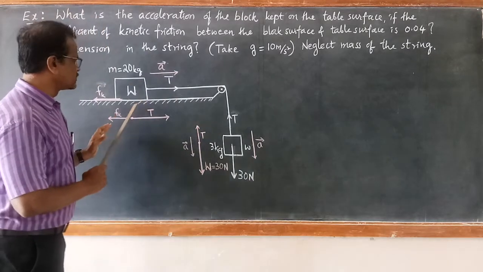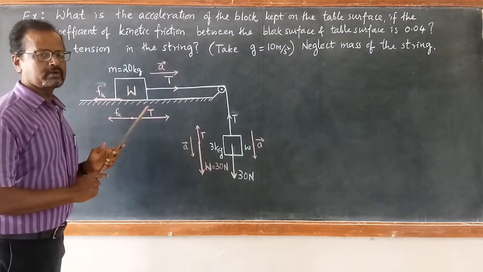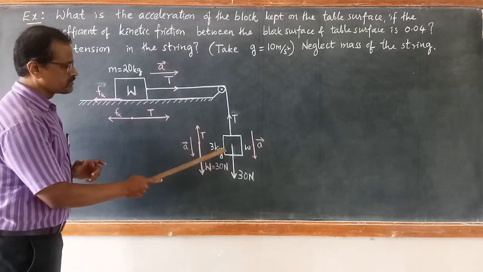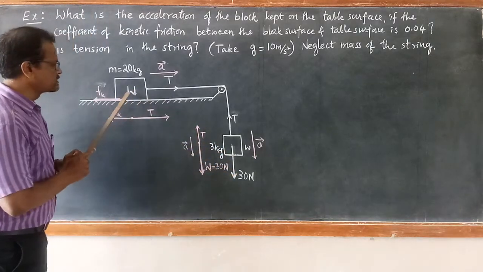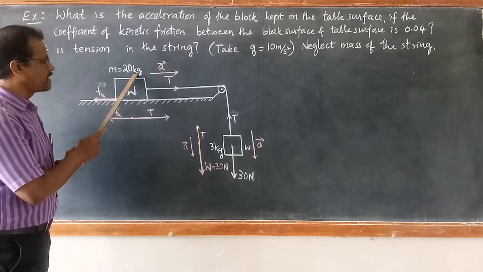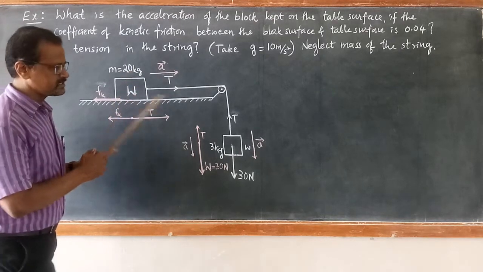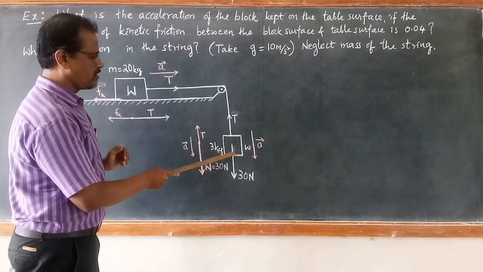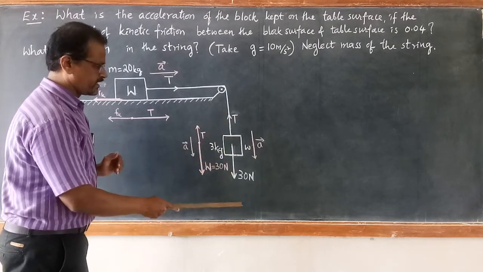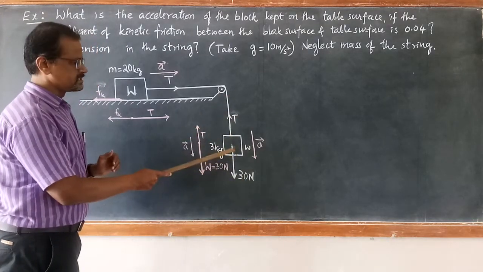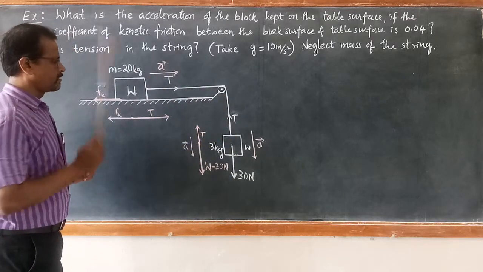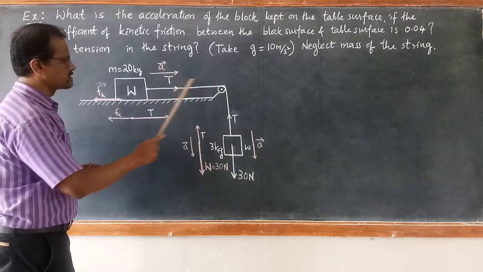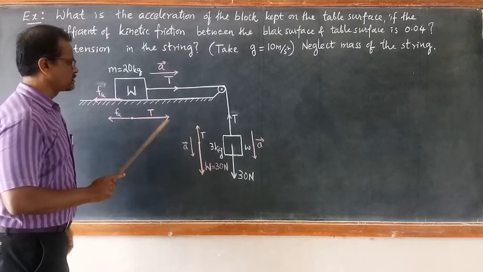We need to consider the forces acting on the block and the forces acting on the suspended block. There are two blocks. One is a heavy block of 20 kg mass kept on the table surface. Another is a light block of 3 kg mass suspended with the help of a pulley with the same string. This is pulling down and this block moves in the forward direction.